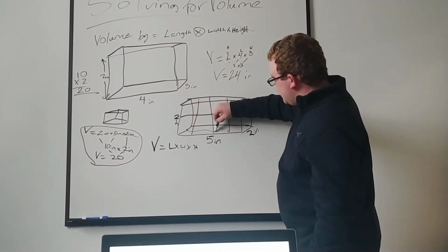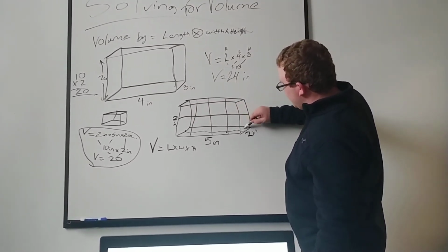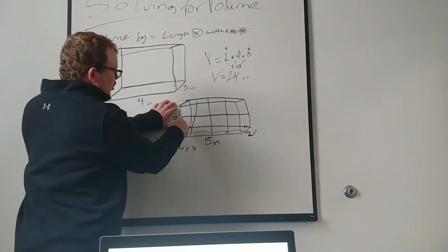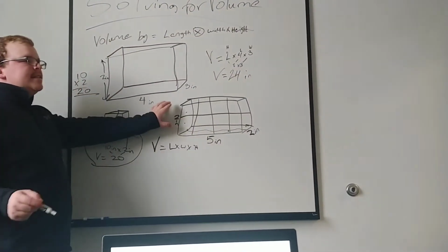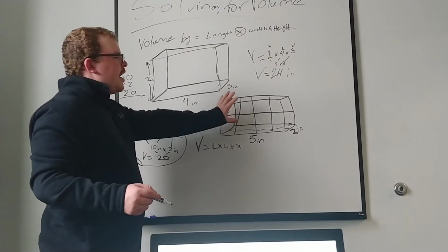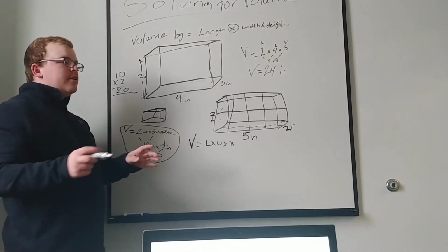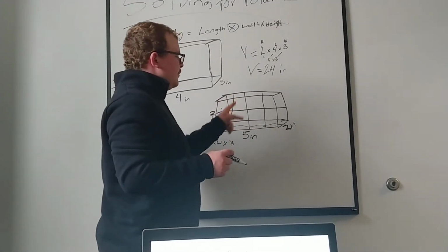Say if we had 2 blocks on the bottom right here, this would be our width, and we had 2 blocks tall, that would be our height. So you have to count how long and how tall to solve for the volume.